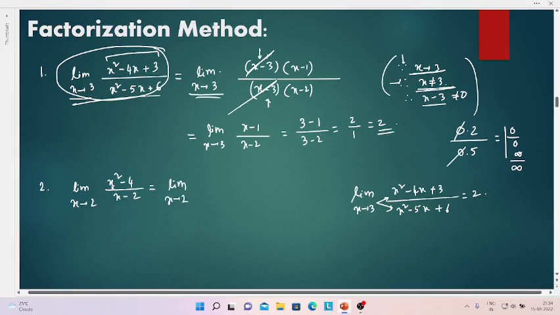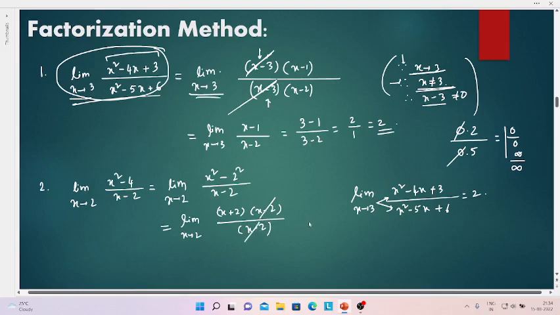So limit x tending to 2, you can write x square minus 4 as 2 square, and the denominator will be x minus 2. So it will be limit x tending to 2, x square minus 2 square can be written as x plus 2 times x minus 2, and the denominator is x minus 2. So you can cancel that part.